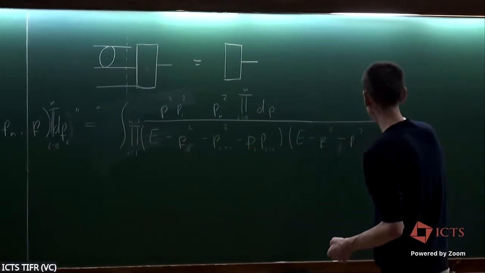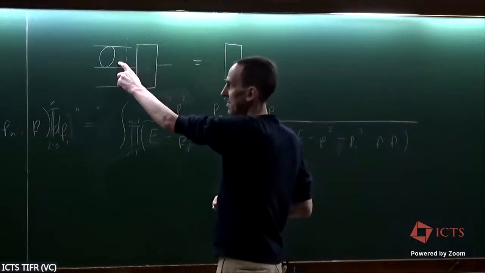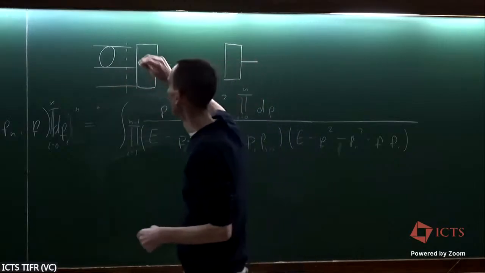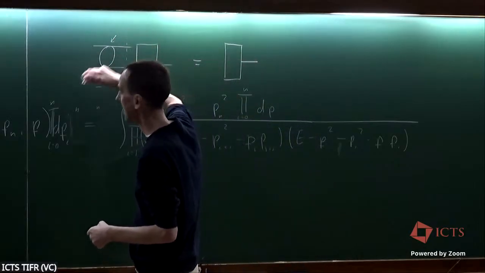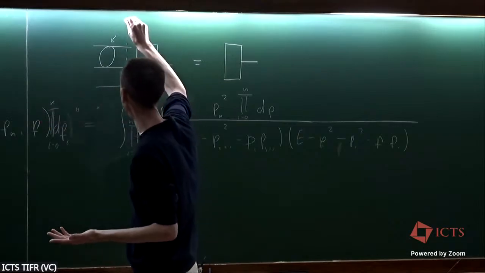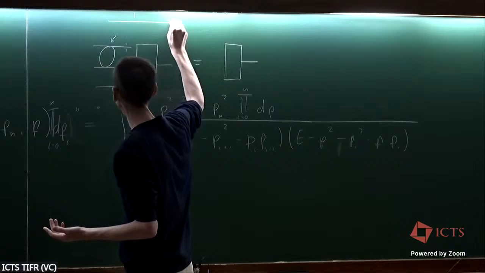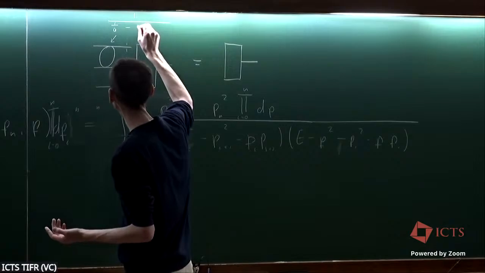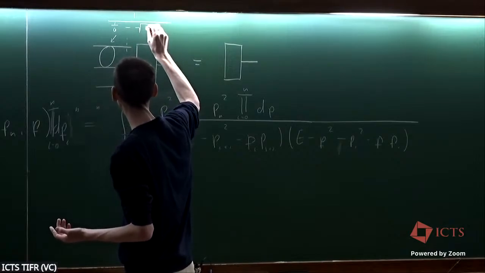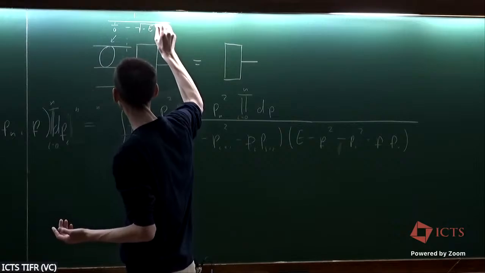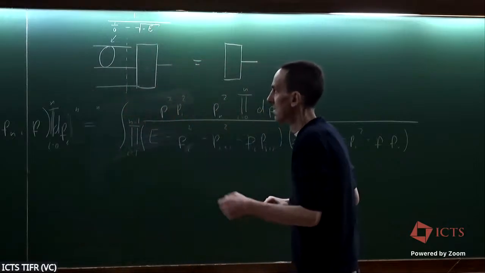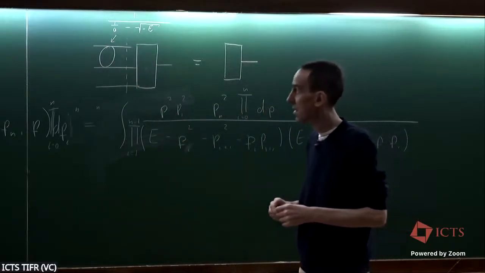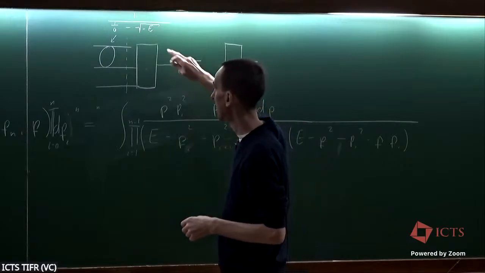And then I still have to take into account the specific interaction now, 1 over a minus square root of minus E. So this a you can replace with the coupling constant of our low energy effective field theory.